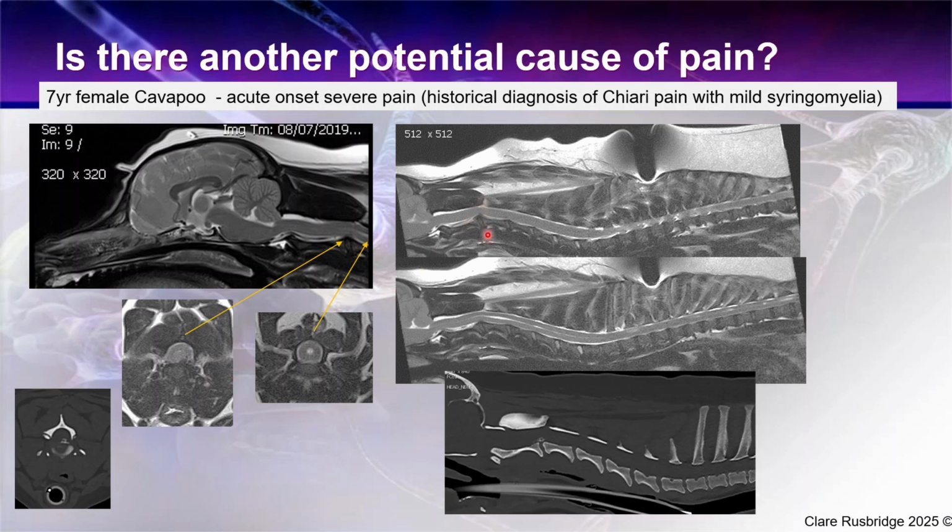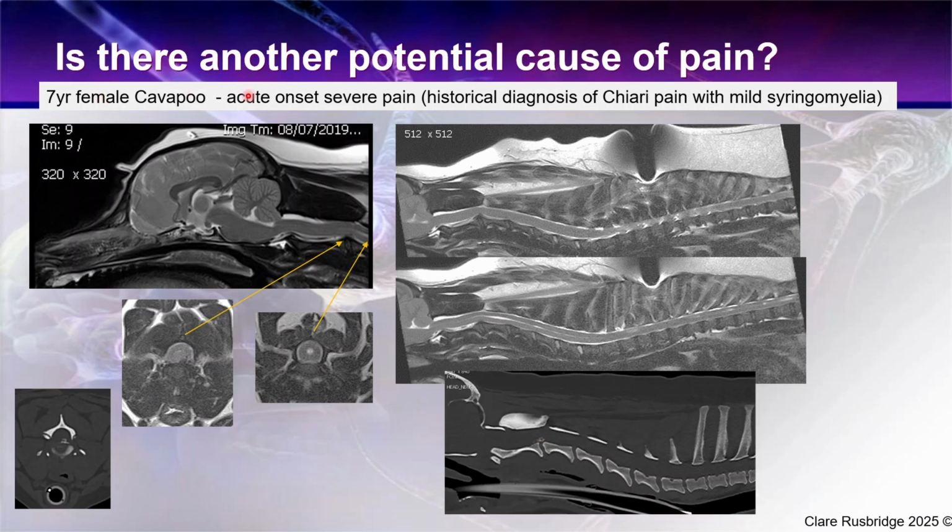You really need to do some transverse images, and you can see this. This is the normal here, and this is her area of syringomyelia, but we can see this little doohickey here, and actually when a CT was done of this area, we can really see that this is much more significant.